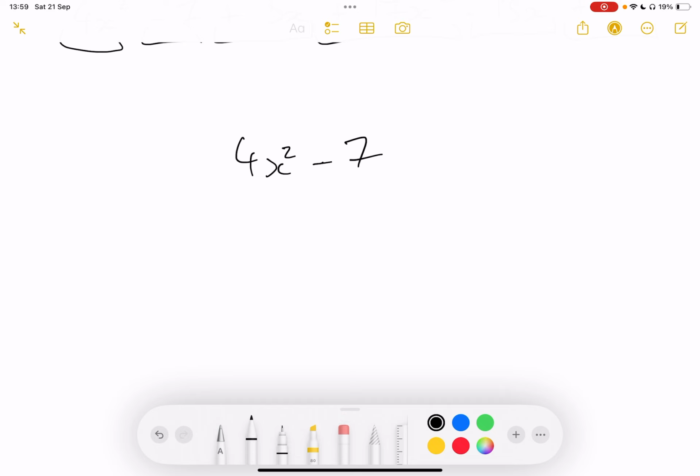This is a quadratic expression because the highest power on the unknown is 2. This is not a quadratic expression because the highest power on the unknown is not 2. And so on and so forth.